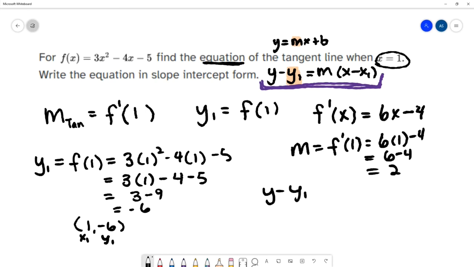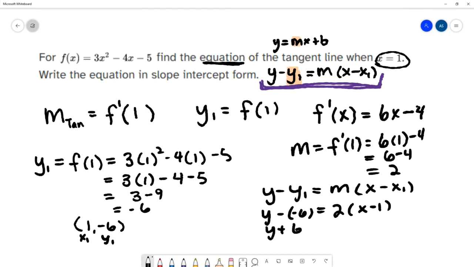So y minus y1 equals m times x minus x1. We have y minus negative 6 equals 2 times x minus 1. Y minus a negative, that's the same thing as y plus 6. And I can use the distributive property. 2 times x is 2x. 2 times negative 1 is negative 2.